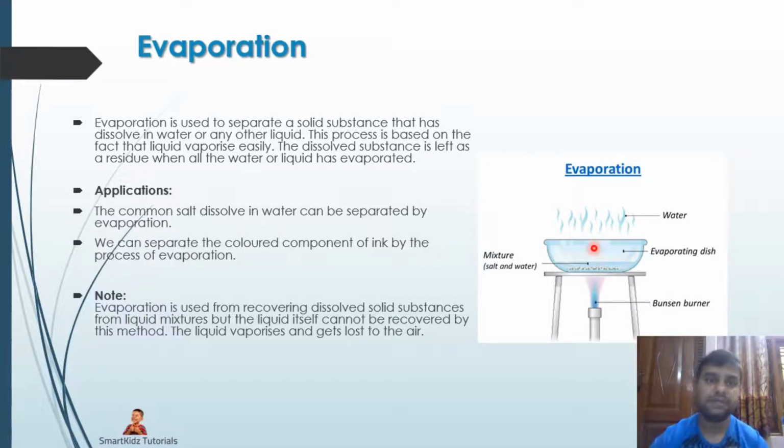Evaporation is mainly based on liquid getting converted into water vapor, or if it is any other liquid, it will get converted into gas, and the liquid is lost, at least to us. Okay, we can't recover the liquid. We can recover the solid which was dissolved in that liquid. So it's not a good process if you need the liquid also to be separated out from the mixture for use.